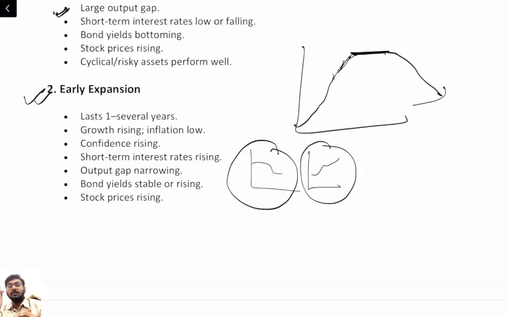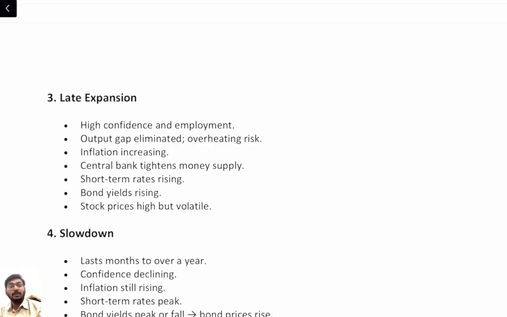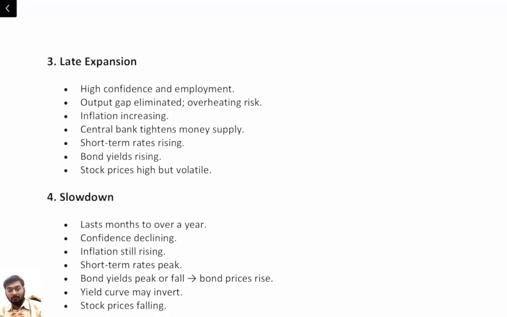The interest rate will increase because of the scarcity of money. Clear? It's the law of demand. Clear? So short term interest rate will rise and the output gap will start narrowing. The demand versus supply gap has started shrinking. Bond yield will either become stable or rise, and stock prices also rise. You will see that the stock market is also booming.